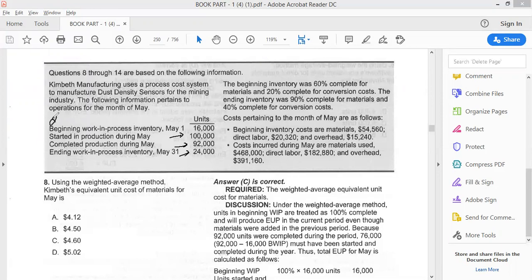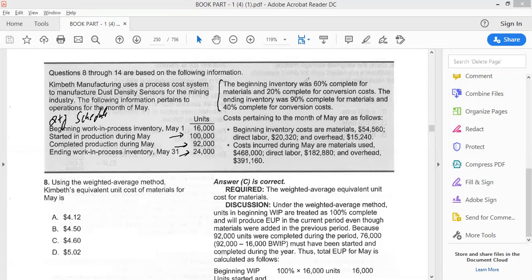So students, this is the quantity schedule given: how much we have in opening, how much we started, completed, and ending work in process. This is the breakup given for the beginning and ending inventory, like the stages of completion. These percentages we will use later to calculate equivalent units of production.